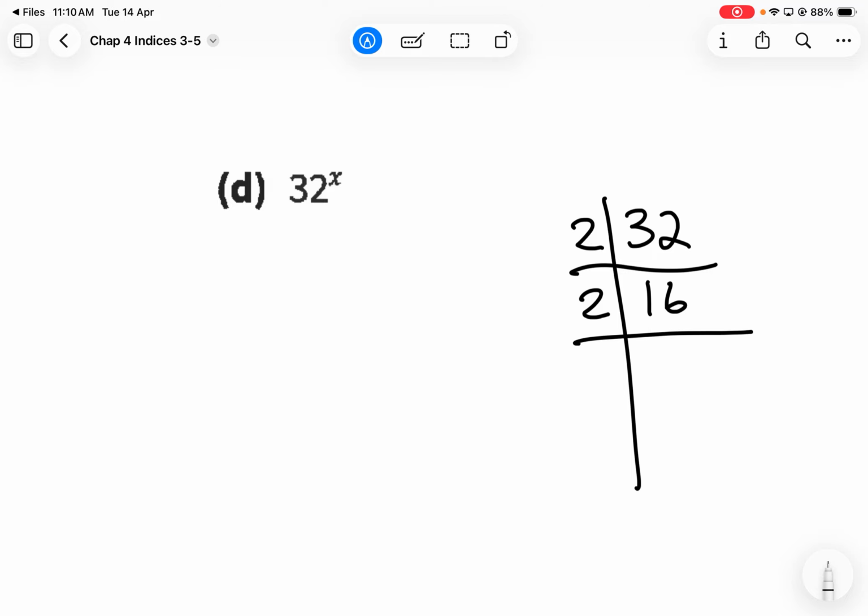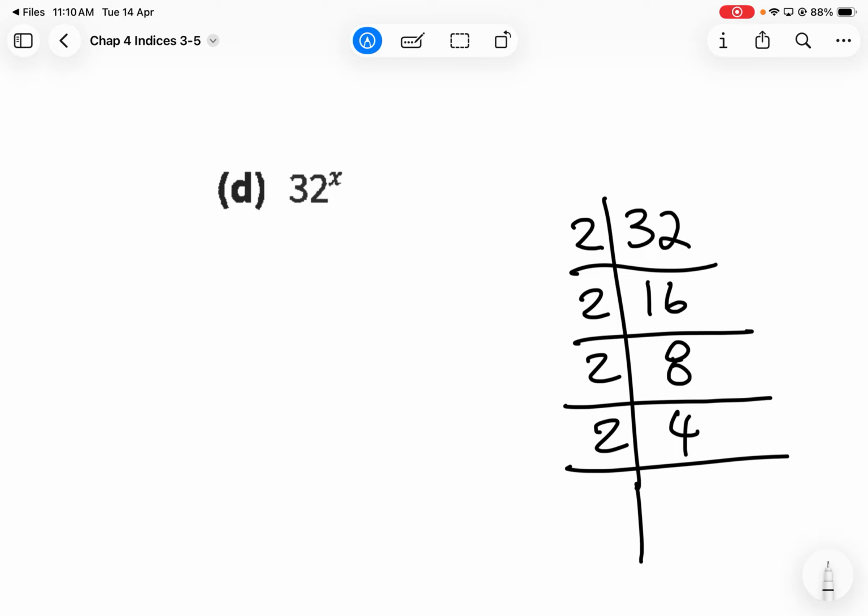32 to the power of x. I want to change 32 into prime numbers. So again, the basic things are the same. 32, first I try to divide by the smallest prime number, 2. Then it can be divided by 2. It will become 16. 16, I try 2 again, become 8. 8, I try 2 again, become 4. 4, I try 2 again, become 2, can divide by 2 again.